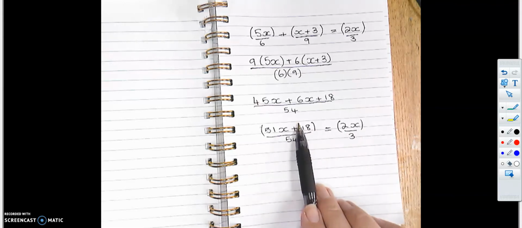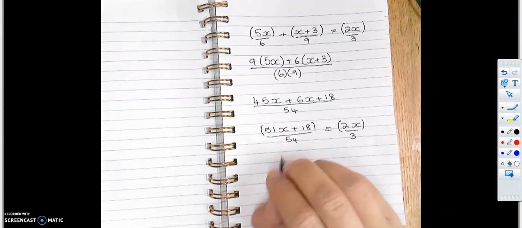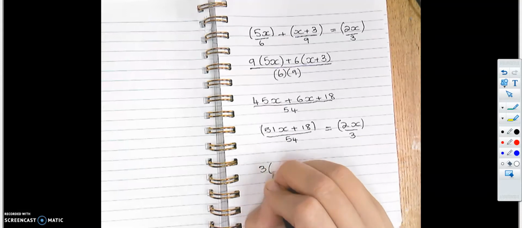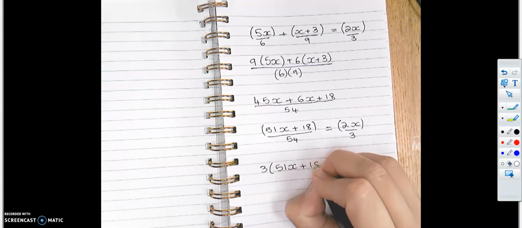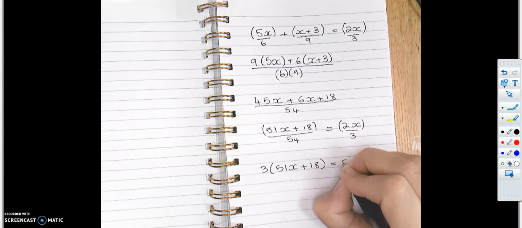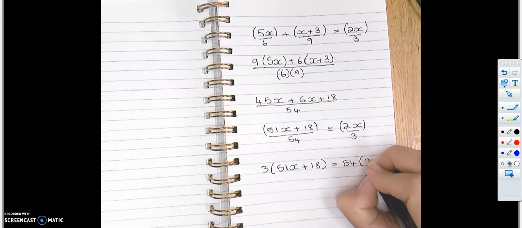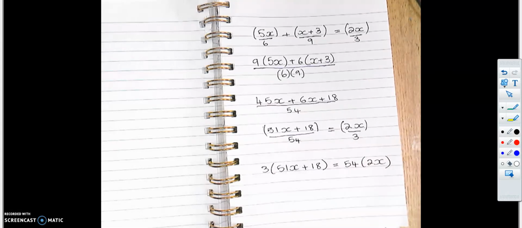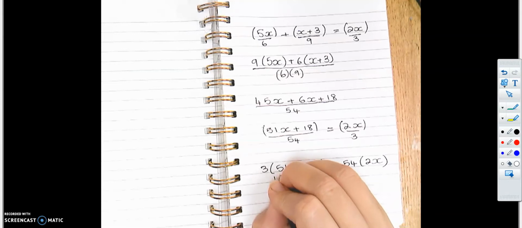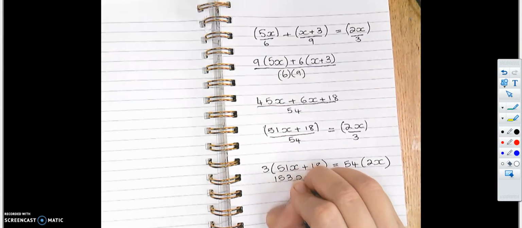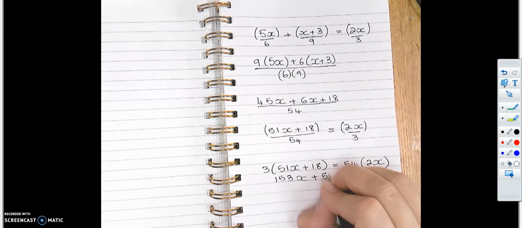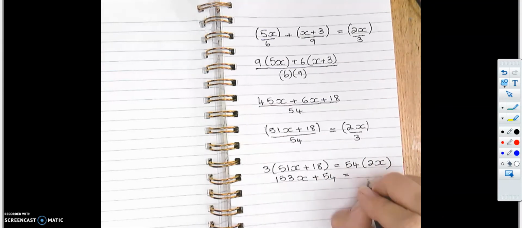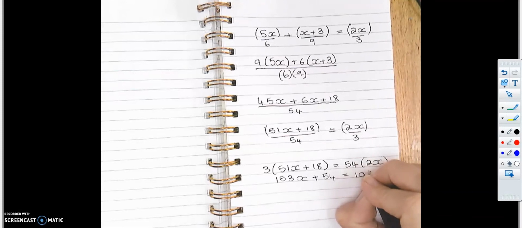What we do is we cross multiply the bases. So my 3 is going to come up and multiply my bracket with the 51x and 18 in it. And my 54 is going to multiply my 2x. So multiply that out and I end up with 153x plus 54 is equal to 108x.